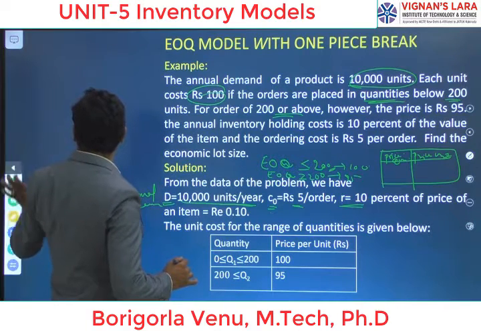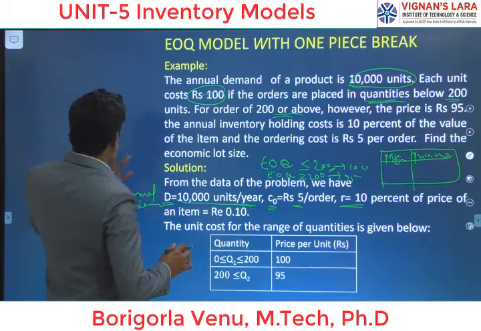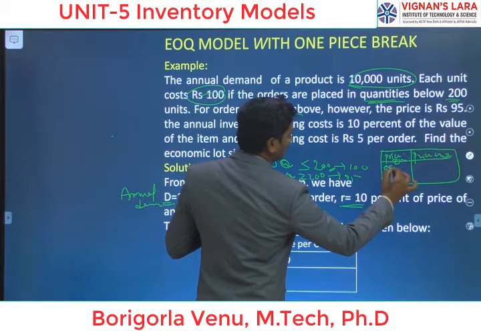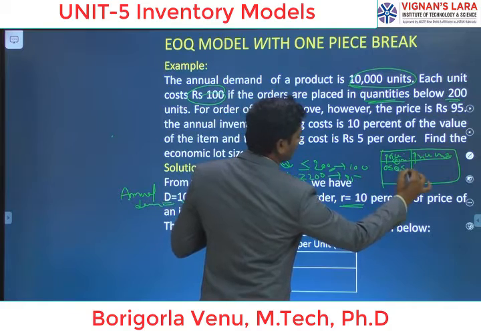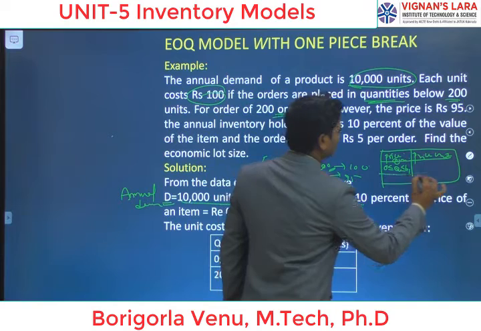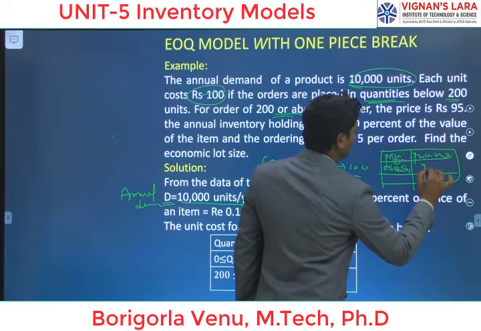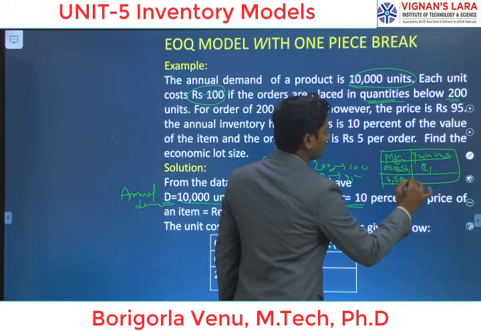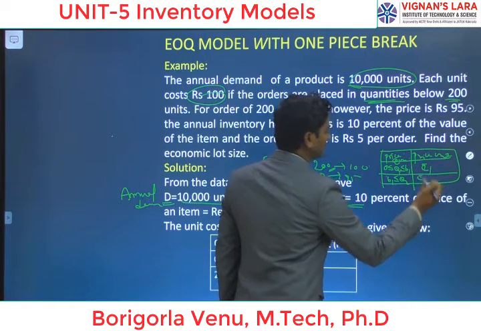Here the quantities are 0 less than or equal to Q1 less than or equal to B1 as per our table, and for the initial cost we take C1. Next, the second one: B1 less than or equal to Q2, with cost C2.